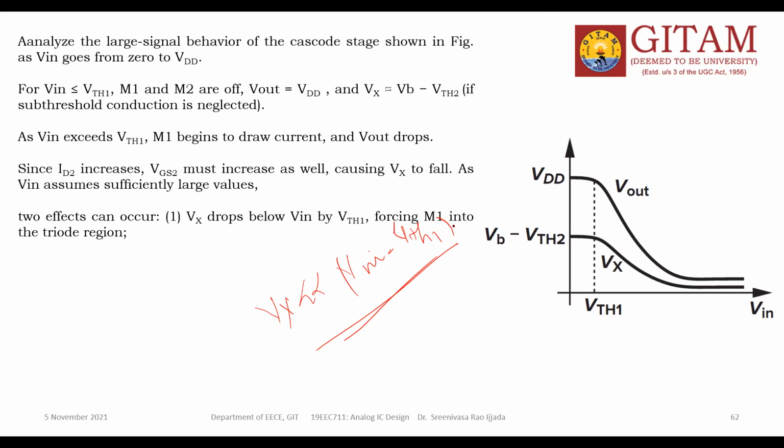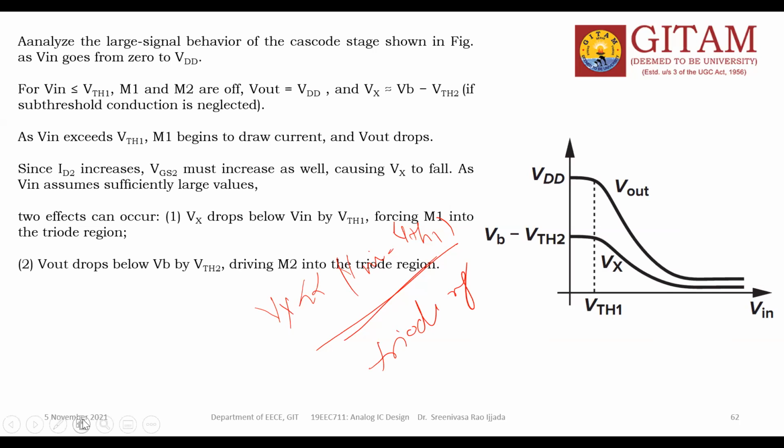Definitely it is not in saturation. Then which region, deep triode or triode? It is the triode region. Yes, triode region. So whenever this situation occurs, your M1 device will go into the triode region, not saturation. So of the two effects, one effect is that as Vx falls, if it is less than the overdrive potential, your M1 will enter the triode region.